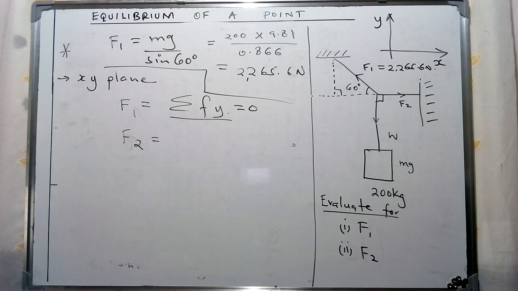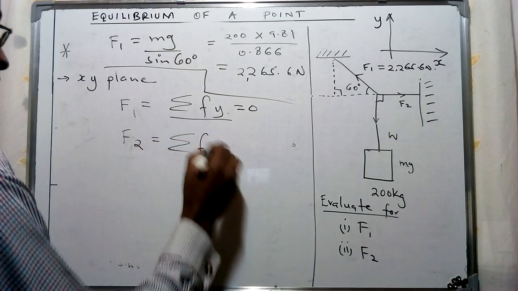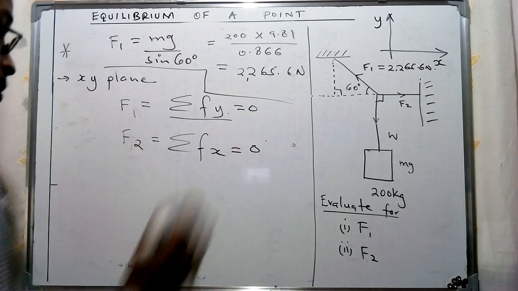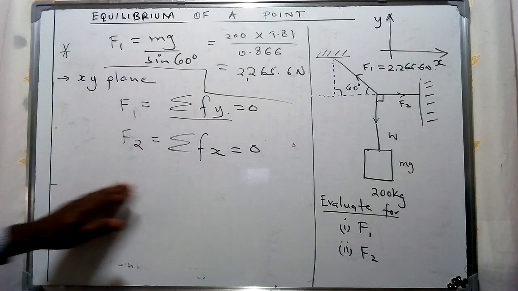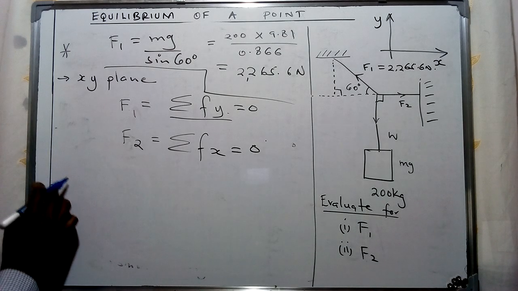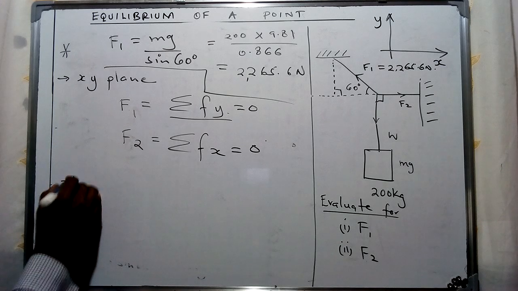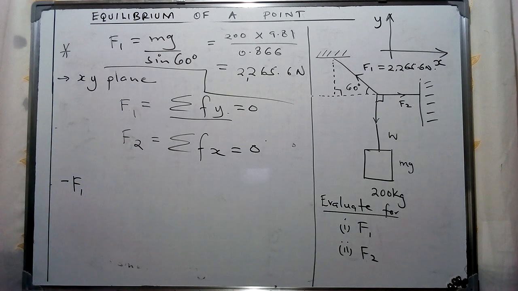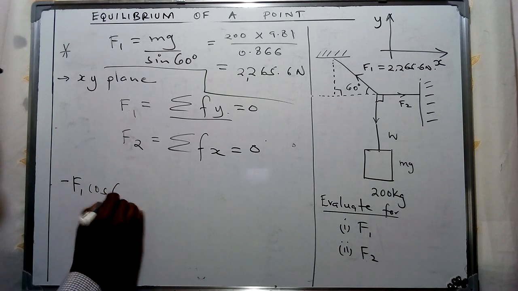And of course we're going to consider another component which I'm going to show later. So in this case we have a summation of forces in the x direction which are going to be equivalent to 0. So force F2 and another which we are going to identify in this particular case are going to give us a sum of 0. So we're going to have this given in terms of this negative value over F1 cosine 60.